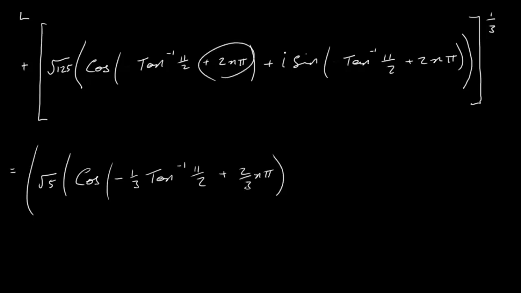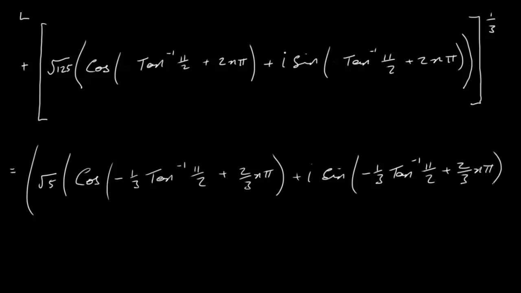We've got to get 1/3 of this as well, plus i sine of minus 1/3 tan inverse 11 over 2 plus 2 over 3 n pi. Okay, so that's the first one, then that's plus.